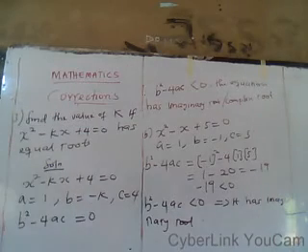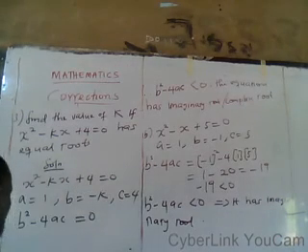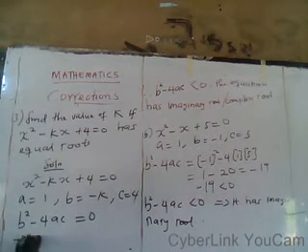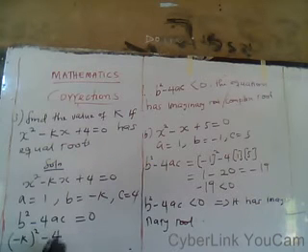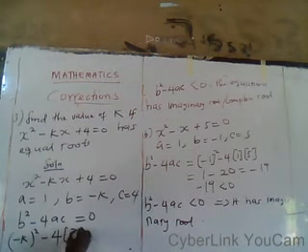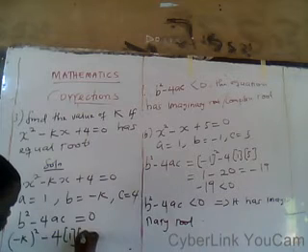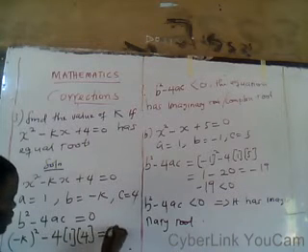The next thing is we substitute all these values. So we have (minus k) squared minus 4 times (1) times (4) equals 0.